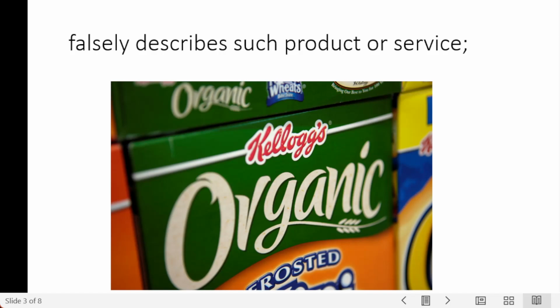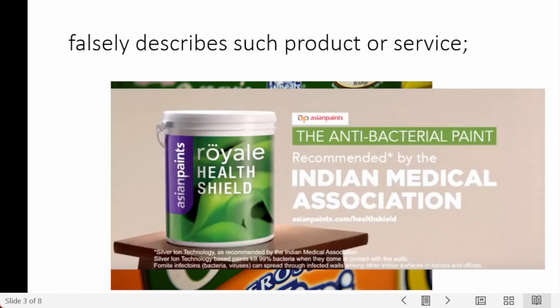If not, it becomes a misleading advertisement. Please remember, anything written on the label, wrapper, or even packet can also constitute an advertisement. I had made this discussion in the earlier episode. So even on a wrapper, if it is written organic, it needs to be organic.